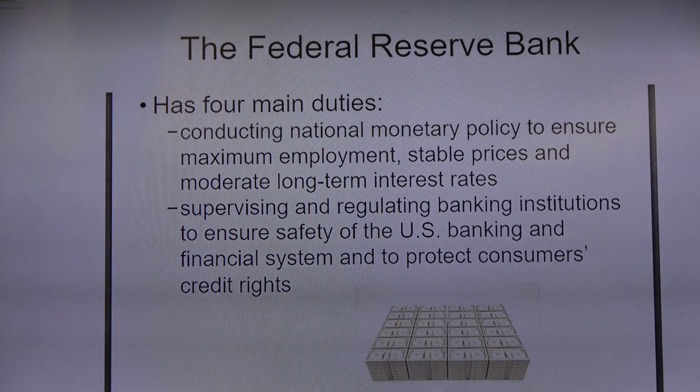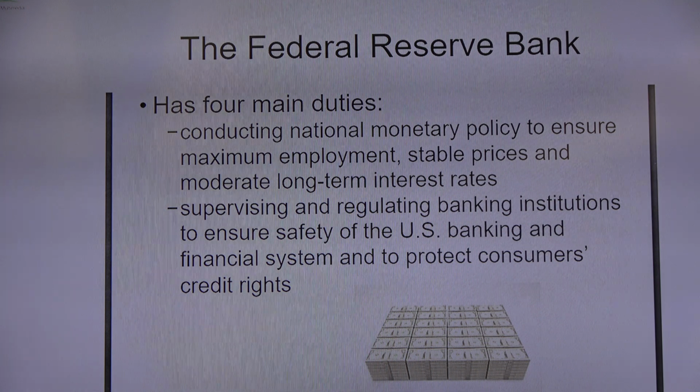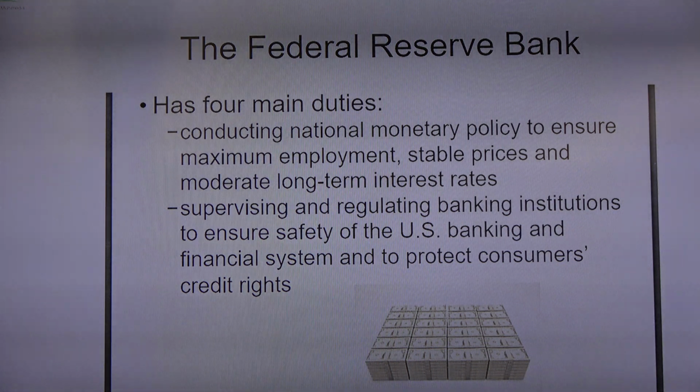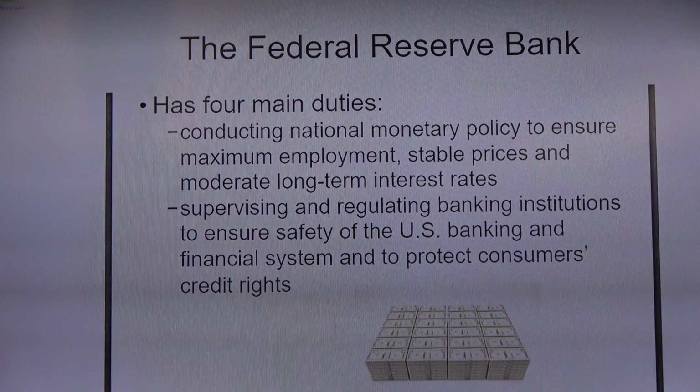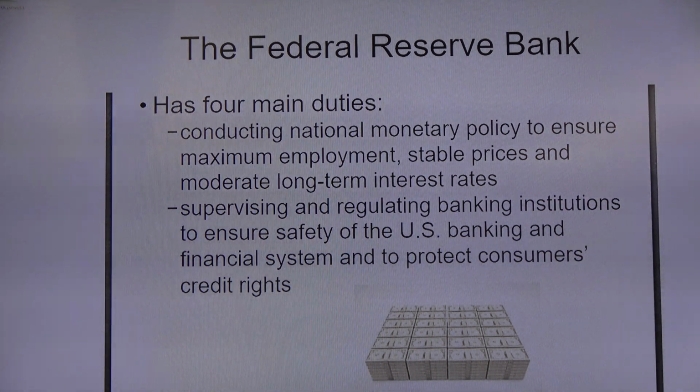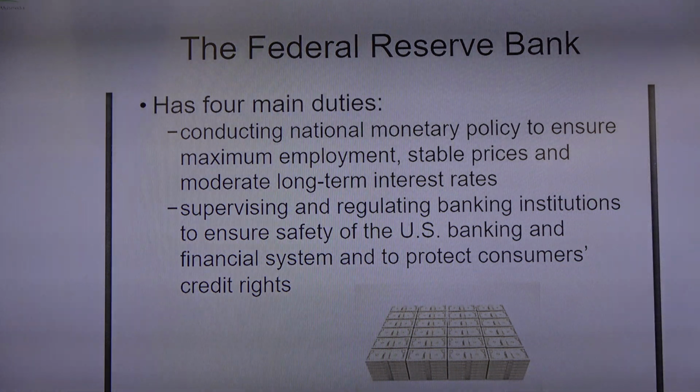And it was a scary time when the Fed came in and audited you, but that's something that you had to do. So they are all the bank's boss. The Federal Reserve Bank is over all the banks, and they make monetary policy, which affects the economy.